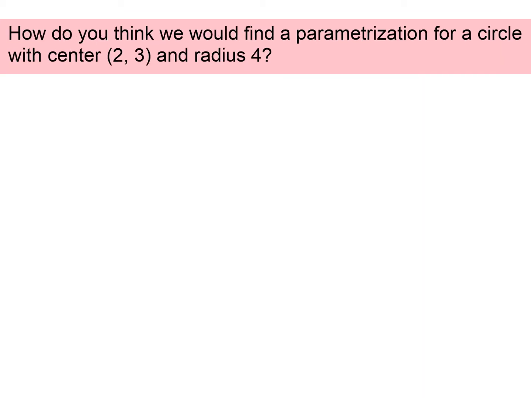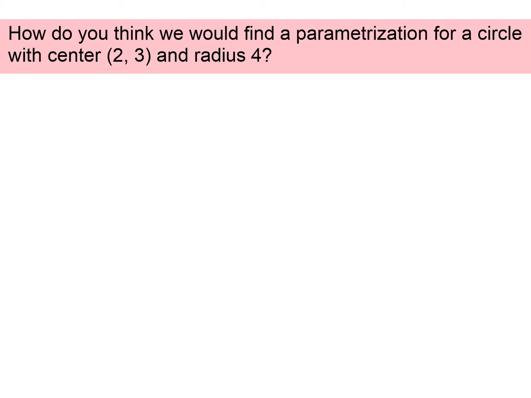All right, so this is wanting to see if you can apply what we just saw in the last example. It says, how do you think we could find a parametrization for a circle with a center of 2, 3 and a radius of 4? So again, a center of 2, 3 and a radius of 4.